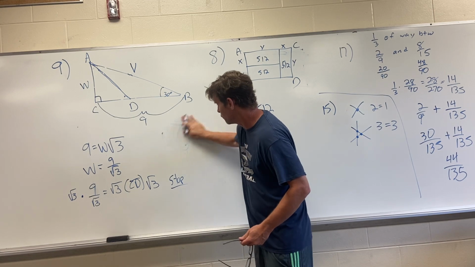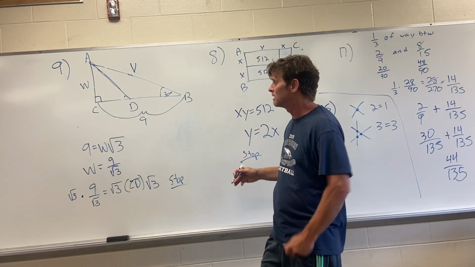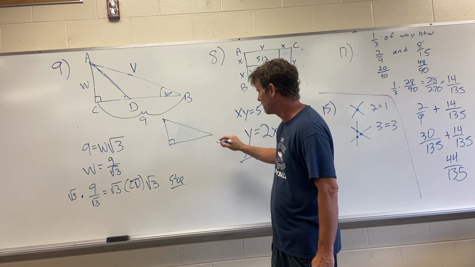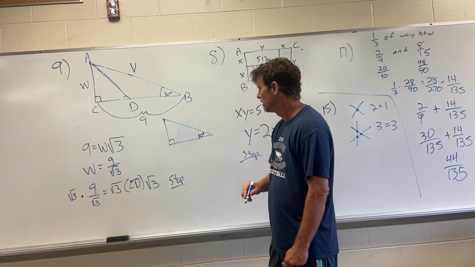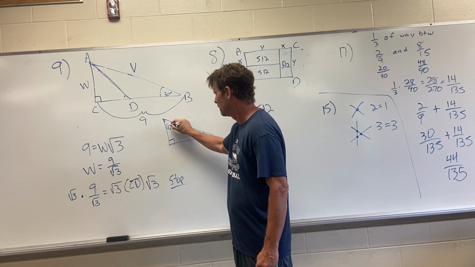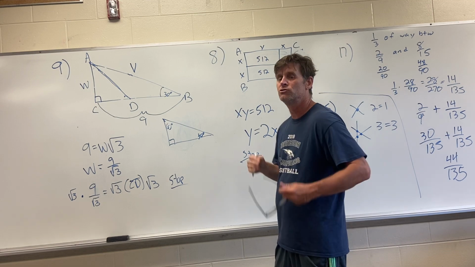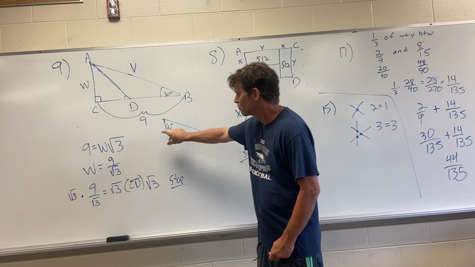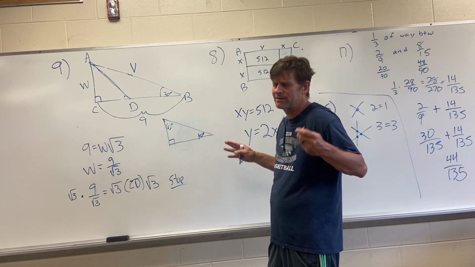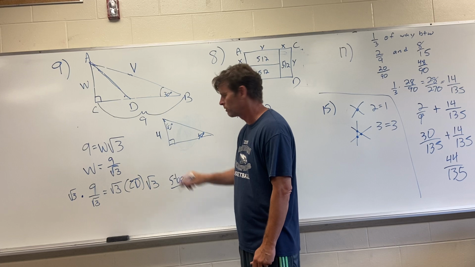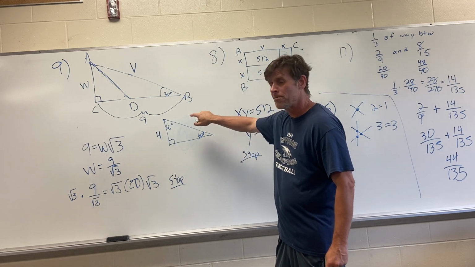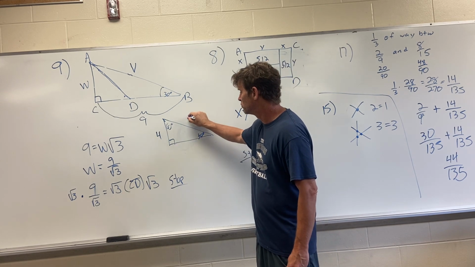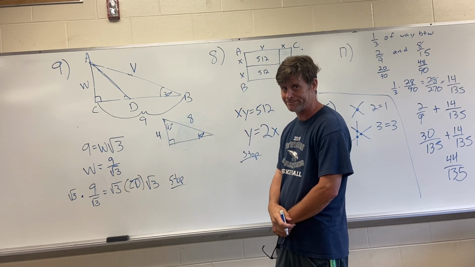The other special one to memorize, and I know this is pretty advanced, especially if you're coming in as 6th graders, is the 30, 60, 90 triangle. In that one, the shorter leg, let's pretend it's 4, the hypotenuse, the long slanty one across from the right angle, is double the shorter leg.